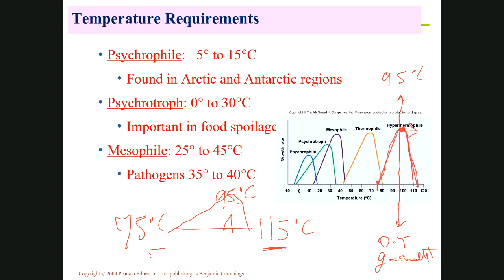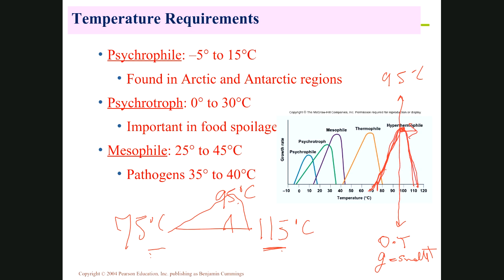Whereas low temperatures are not going to kill the enzymes, they are just going to slow them down. And so organisms typically have a larger range of growth at lower temperatures from the optimum than high temperatures from the optimum. Okay, so that's an important concept when it comes to temperature.